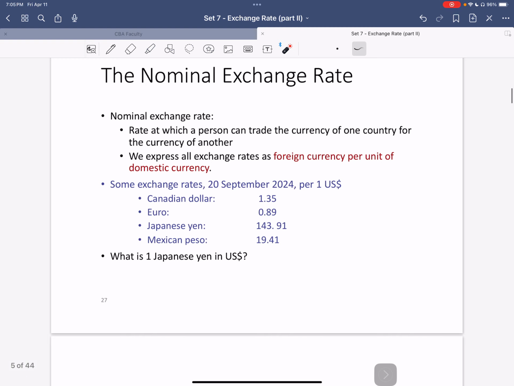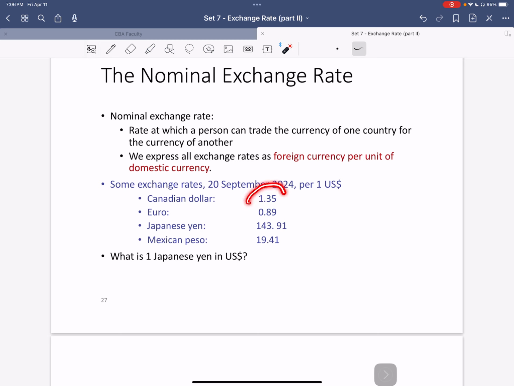For example, if you look at some exchange rates in September 2024, $1 was almost equal to 1.35 Canadian dollars, or 143.91 Japanese yen per dollar, or 19.41 Mexican pesos per dollar.